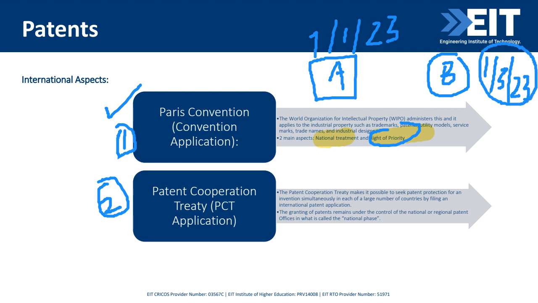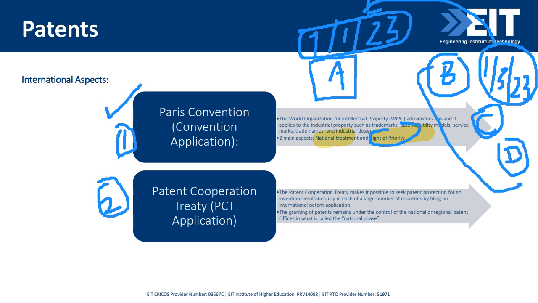Although I'm applying in country B on 1st March, my priority date is still maintained. Whatever was the priority date for my very first application still remains applicable in the rest of the member states. Not just country B. If I apply in 2, 3, 4 different member states of the Paris Convention, they all have to maintain the priority date from the very first application. So that is right of priority.